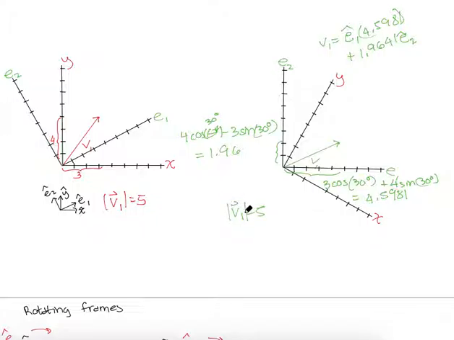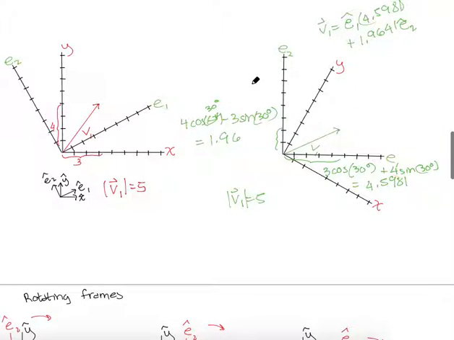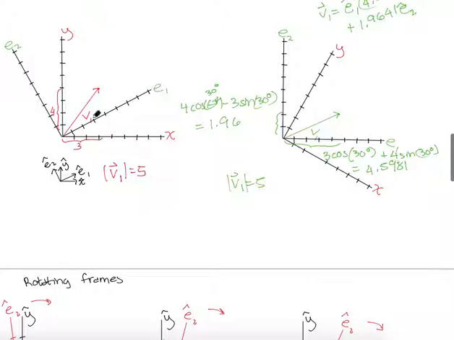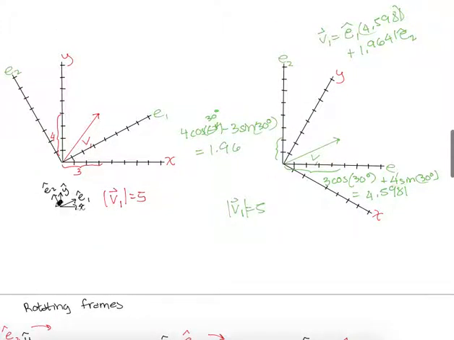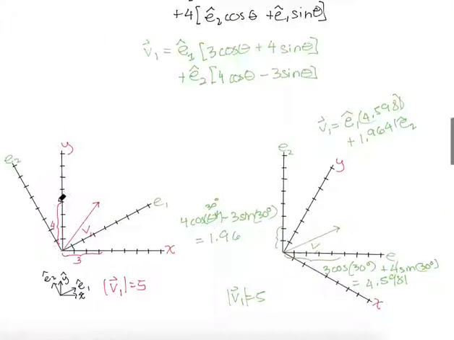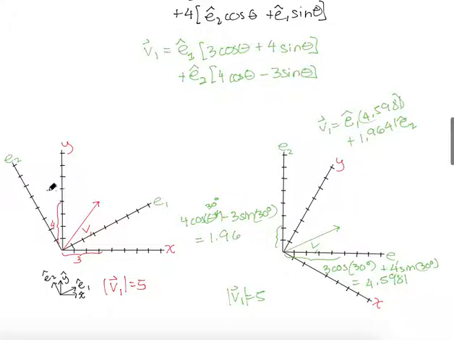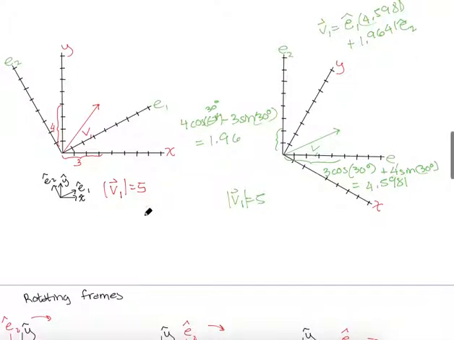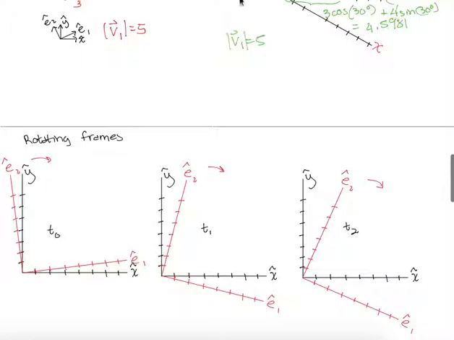Magnitudes did not change, it's just the direction of the vector changed based on the space you're in. So no one space is special, I guess. And these are static frames, but there are frames that actually rotate.